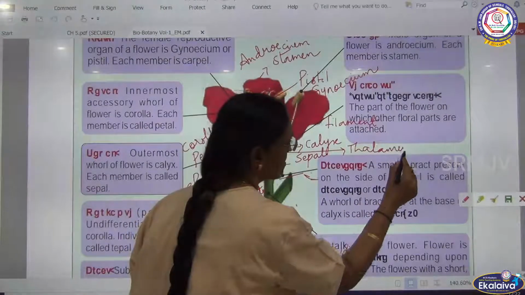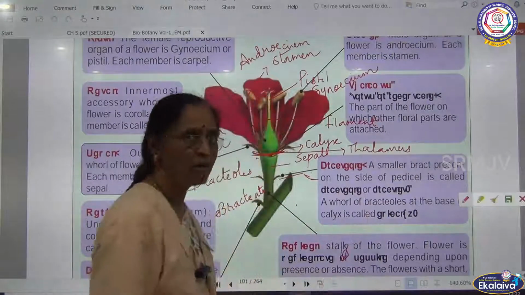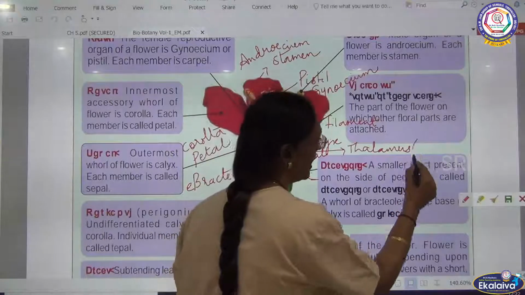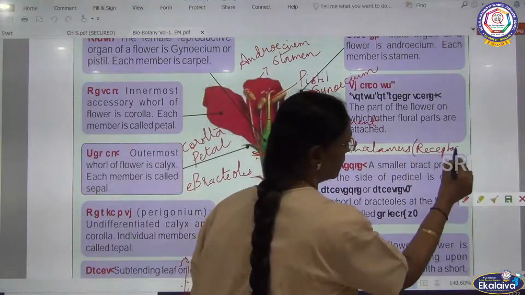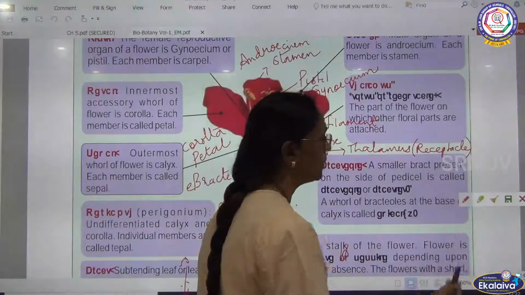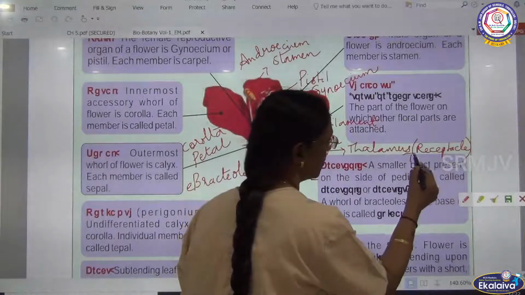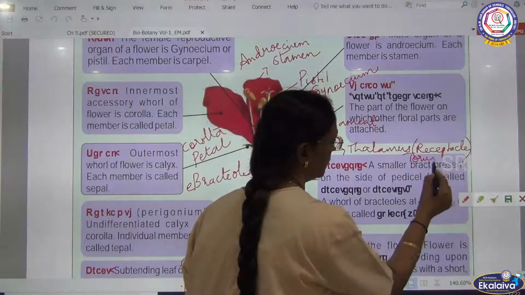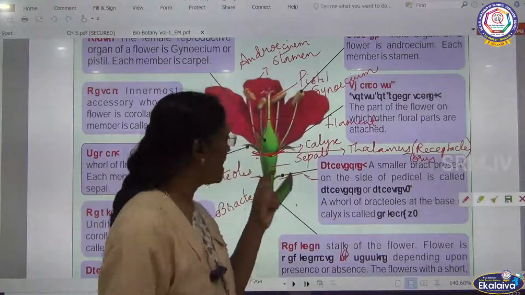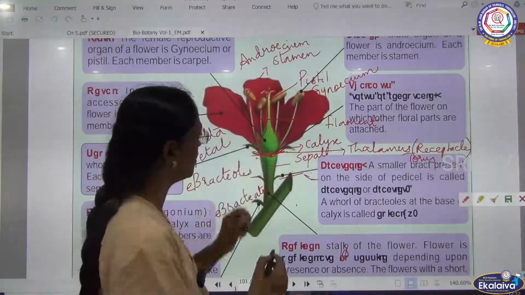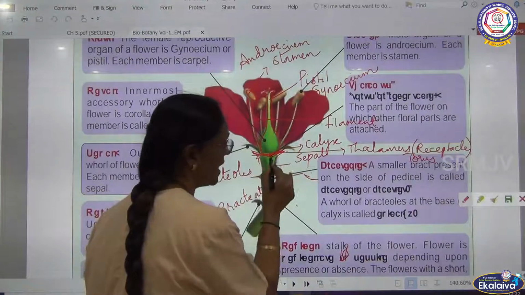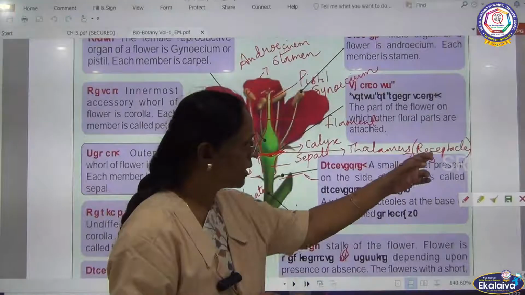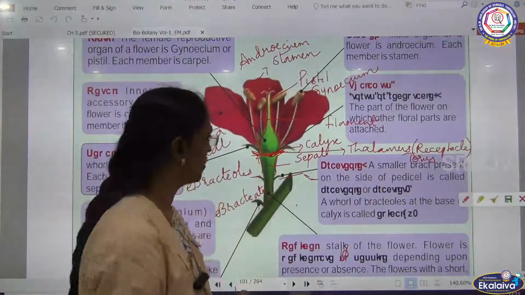You call it thalamus, or otherwise you can call it receptacle. The other word you can also call it is torus. So, these floral whorls are borne on a flattened condensed axis, what we call the thalamus. You can call it a receptacle or torus.